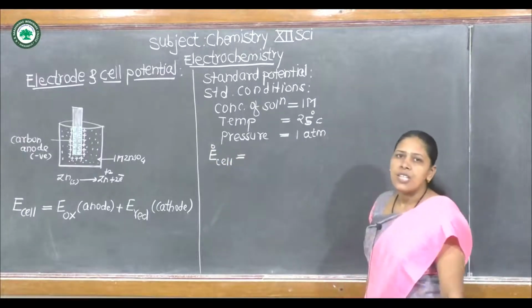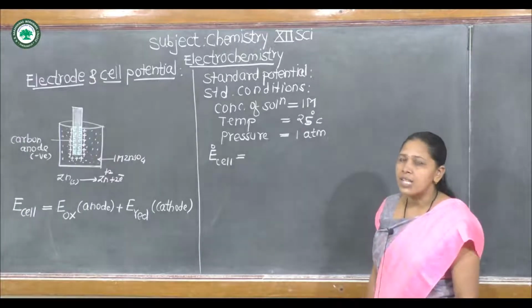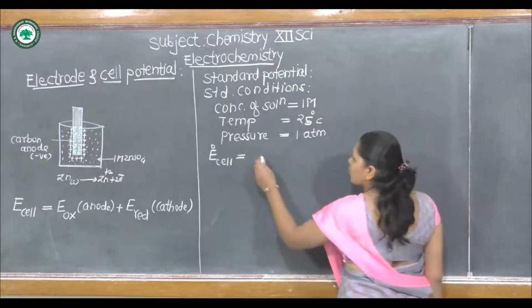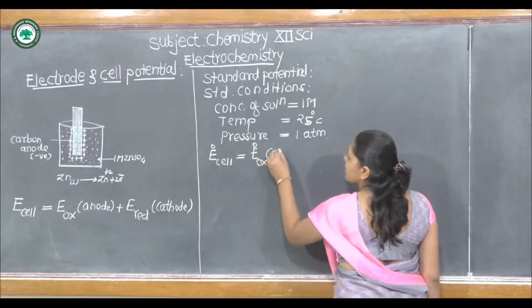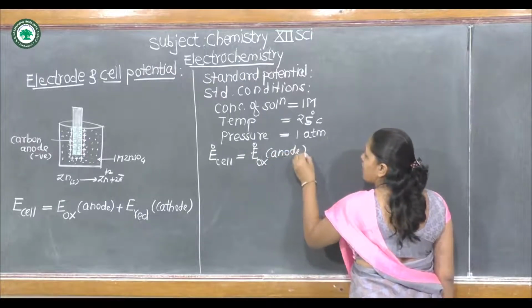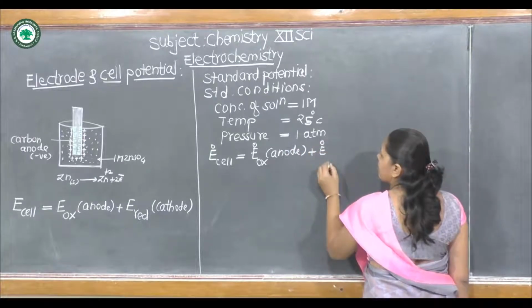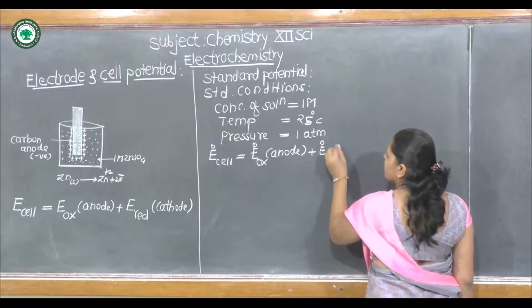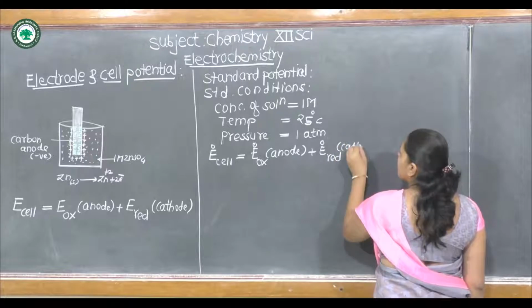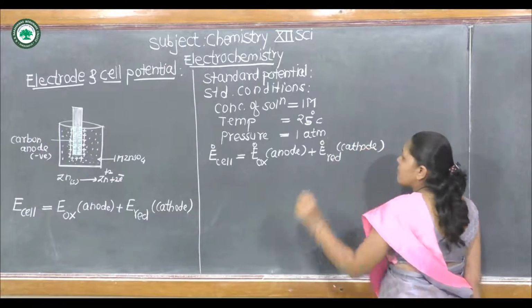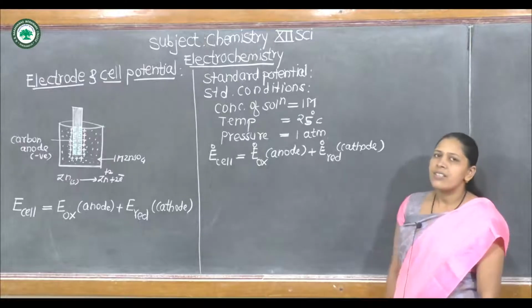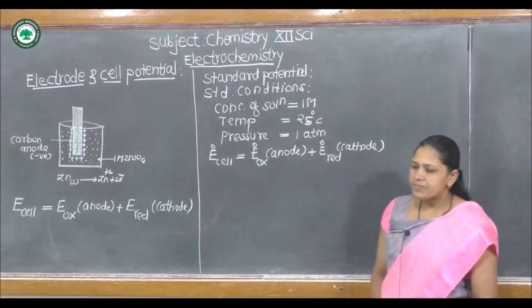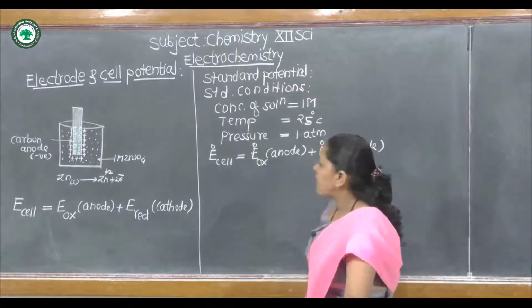Then E0 cell, that means standard cell potential, is equal to standard oxidation potential plus standard reduction potential. By using this formula, we can calculate standard cell potential.